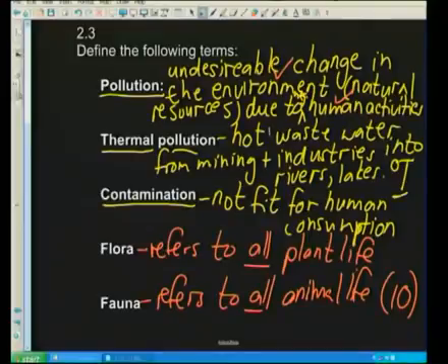You're going to get a mark for saying it's hot waste water. 1 mark. Where does it come from? It comes from mining, industries, maybe even 3 marks, explaining what effect it will have on the plants and the animals. All right, so guys, very important is that you have a look at the mark allocation of each question and give enough information so that you can get your full marks.